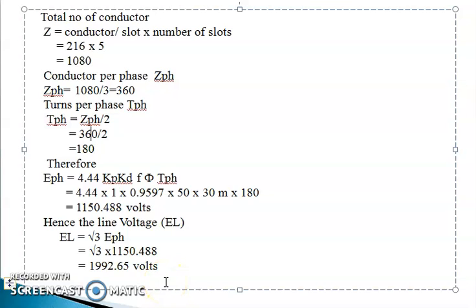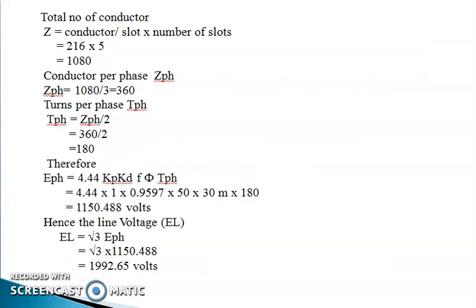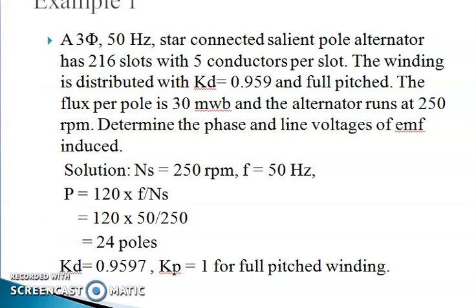See students, let me give the idea about the problem once again. From the given data, either they will give the number of poles or the synchronous speed, and you calculate the other. Then Kd and Kp they will give, and then you have to calculate the number of conductors. They say there are 216 slots, and there are 5 conductors per slot.